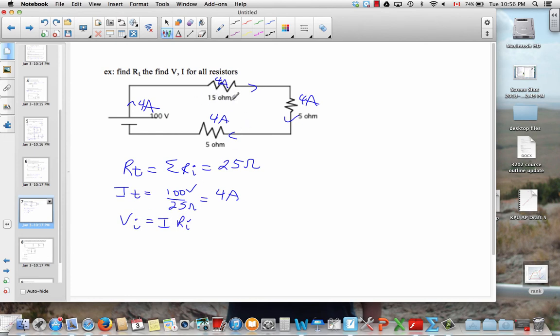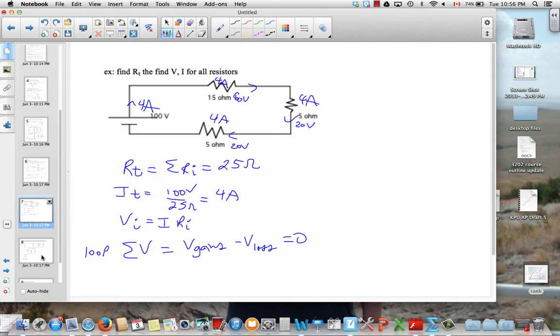So 4 times 15, there's a 60-volt drop here. 4 times 5 ohms, 20-volt drop there. 4 times 5 ohms, 20-volt drop there. So we notice that for the loop, and there's only one loop here, the gain in the cell, which is 100, minus the drops across the three resistors, 60, 20, 20, does sum to 0. So this is consistent with Kirchhoff's voltage law.